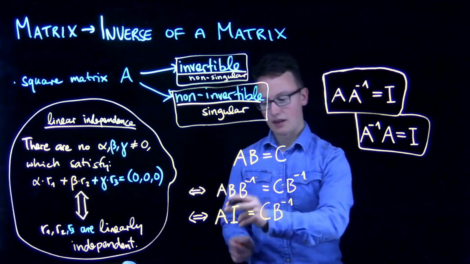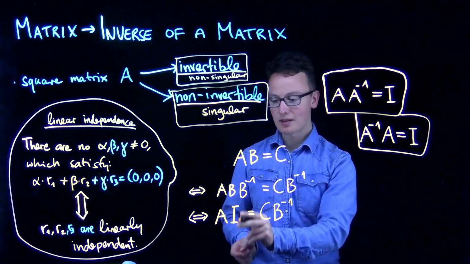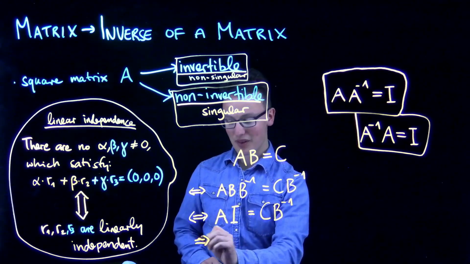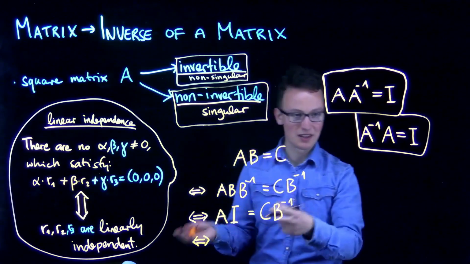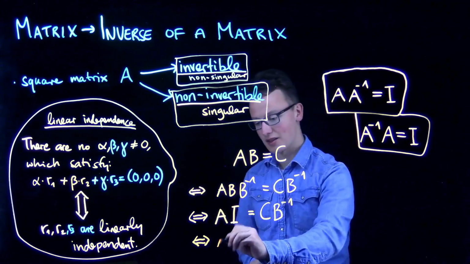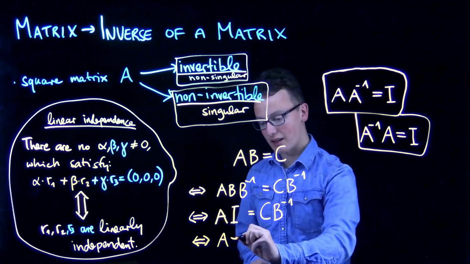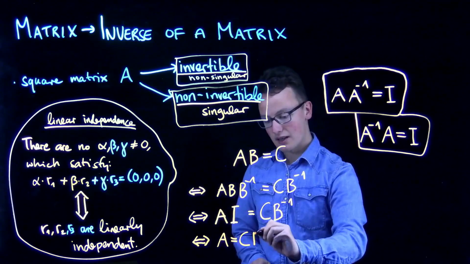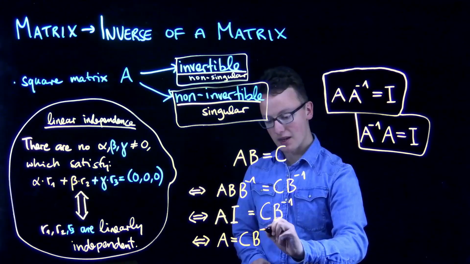And if I have something times the identity matrix, I can also just restate it without the identity matrix multiplied, because that doesn't change the result anyway. So A times the identity is just A. So I can finally express A as C times the inverse of B, okay?